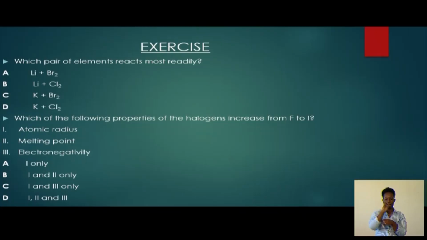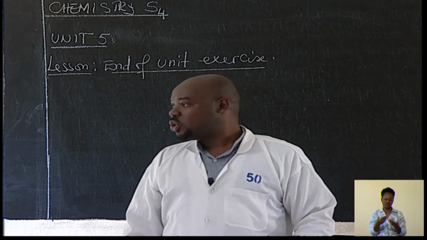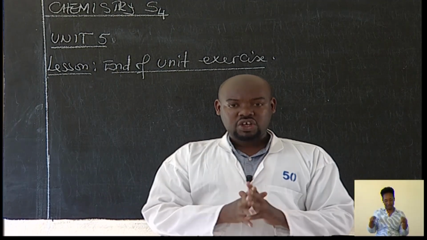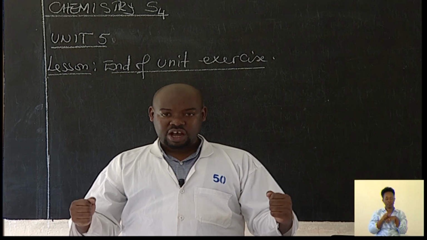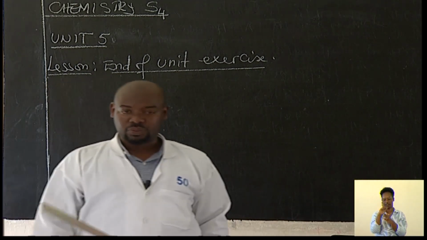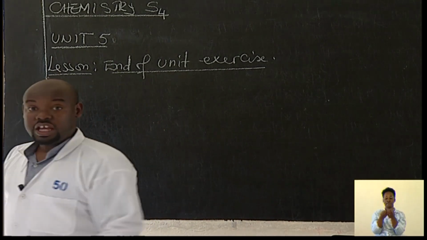So the intermolecular forces we have in the halogens, they are the van der Waals forces, which will increase as the molecular size increases. So as we move down the group in the halogens, molecular size increases, intermolecular forces become stronger, and the melting point increases, of course. So even the melting point increases.